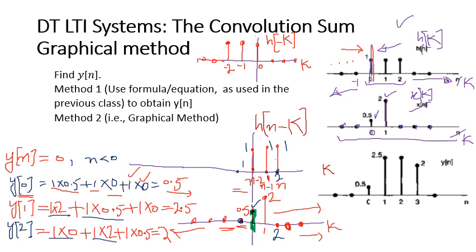Then we multiply this one with 2, so 1 multiplied by 2, and then this one with 0.5, which is mentioned here. So 1 multiplied by 0 is 0, 1 multiplied by 2 is 2, 1 multiplied by 0.5 is 0.5, which means it will result in 2.5 again.